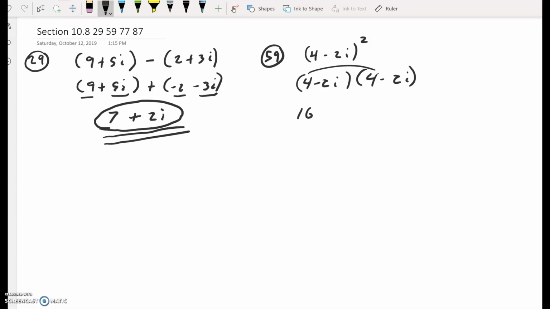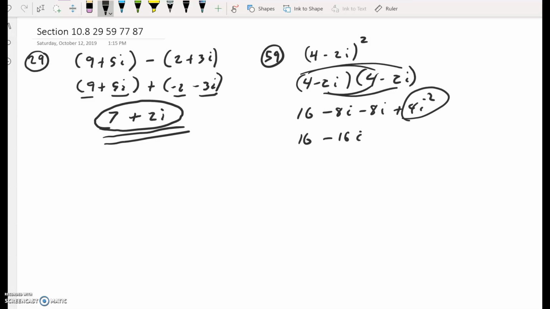Now we got a 16, and we got a minus 8i, we got another minus 8i, and then we got a 4i squared plus 4i squared. Now that's 16, and this is minus 16i, but we got to be careful with the 4i squared. i is the square root of negative 1 by definition, so i squared is the square root of negative 1 times the square root of negative 1, which has to be the thing inside.